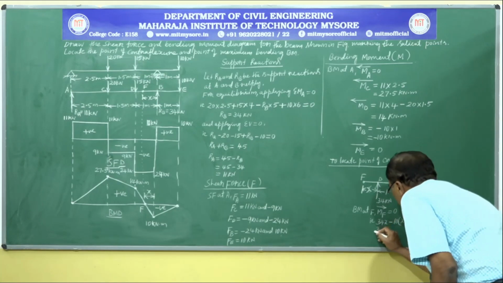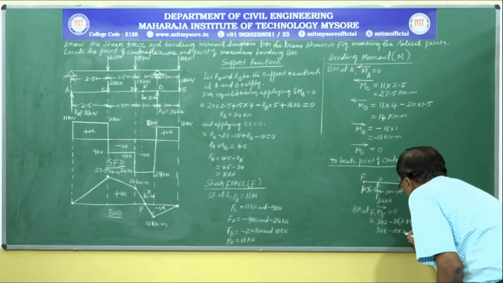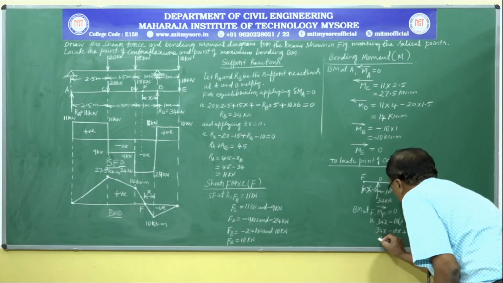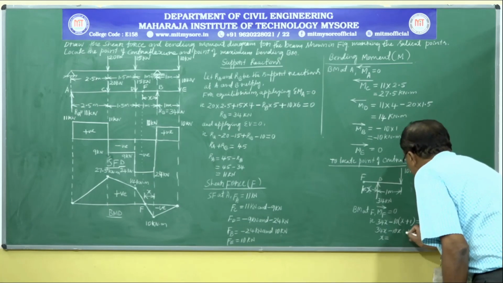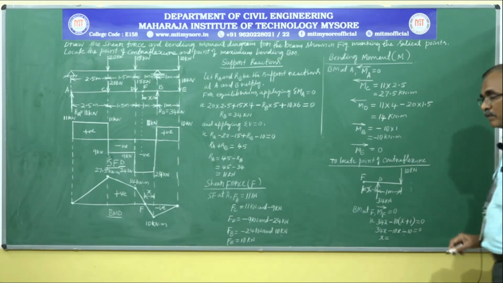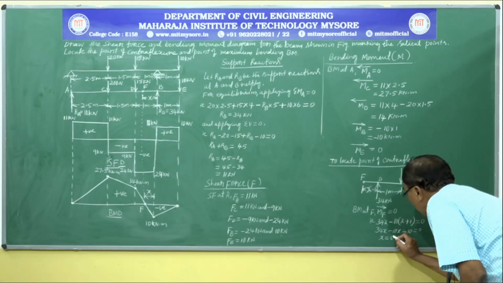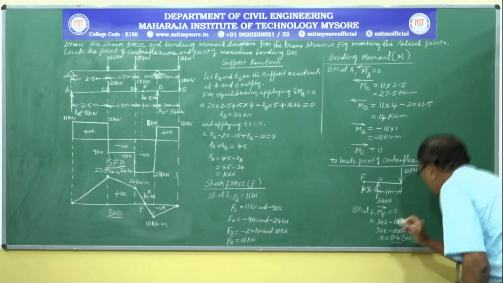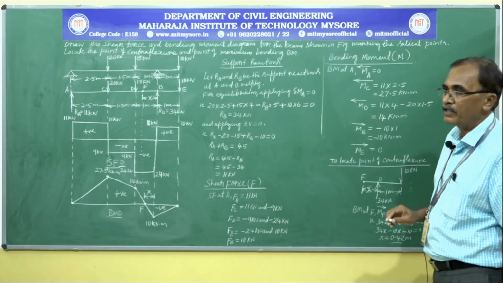So 34x minus 10x minus 10 is equal to 0. Solving this, x is equal to 0.42. So this is the position of the point of contraflexure.